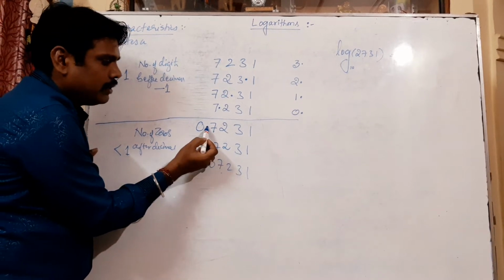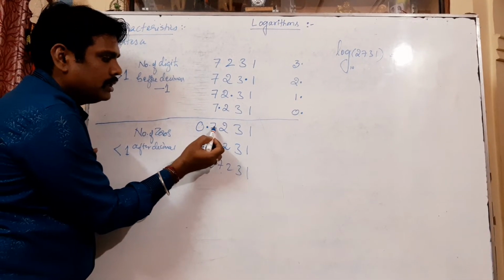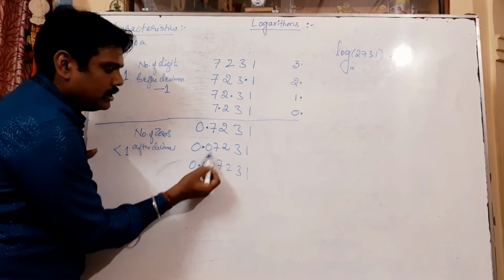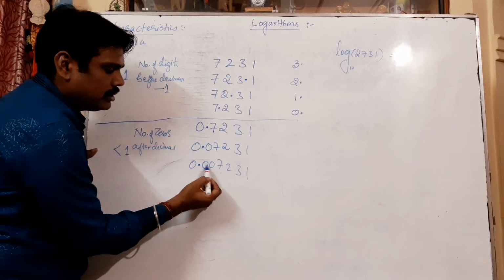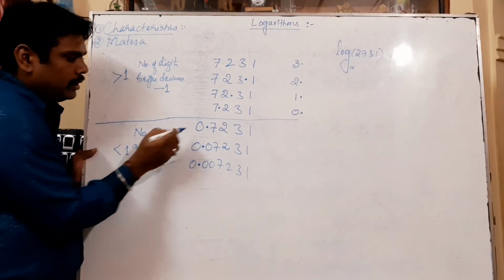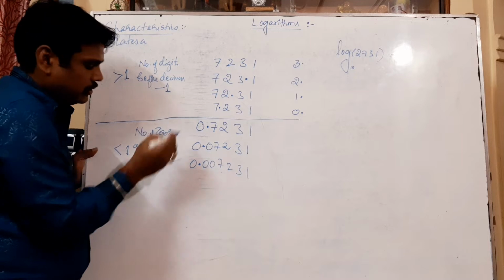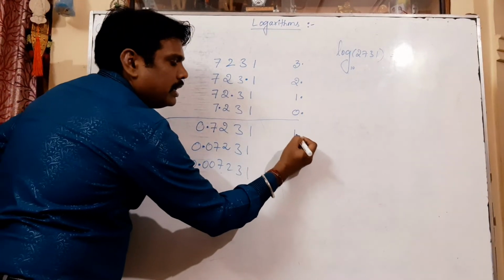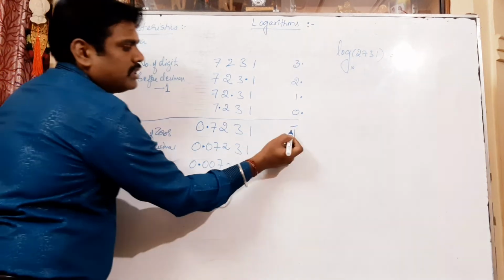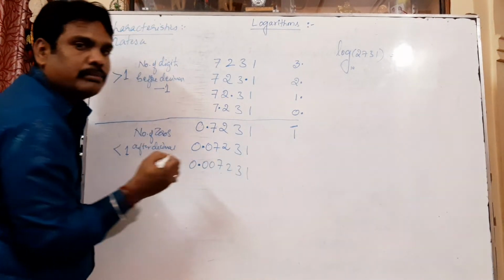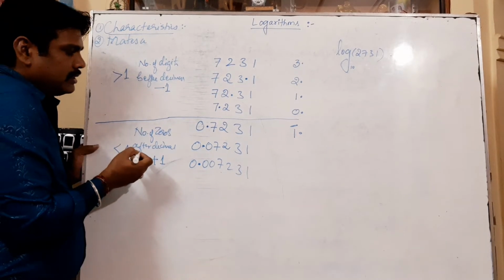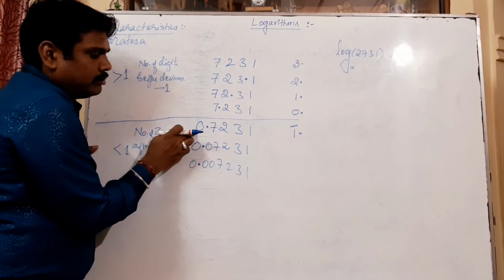See how many zeros here after the decimal, between the decimal and the number? There are no zeros. Here how many zeros? Only 1 zero. Here how many zeros between these two? 2 zeros. So for that you add 1. How many zeros here? No zeros. You add plus 1, that means 1. Here it is minus. That minus is represented as a bar. In logarithmic language, this minus is written above, that's why it is named a bar. 1 bar point. So what is the characteristic value for this number?